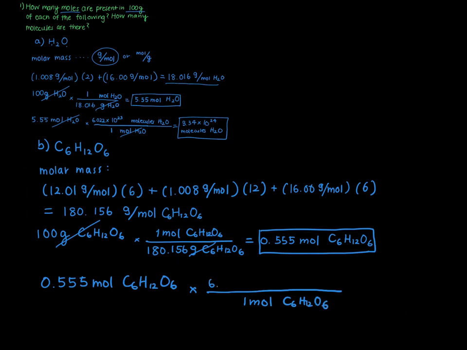Then Avogadro's number, 6.022 times 10 to the 23rd molecules of C6H12O6. Moles and moles can cancel, and we're left with molecules.